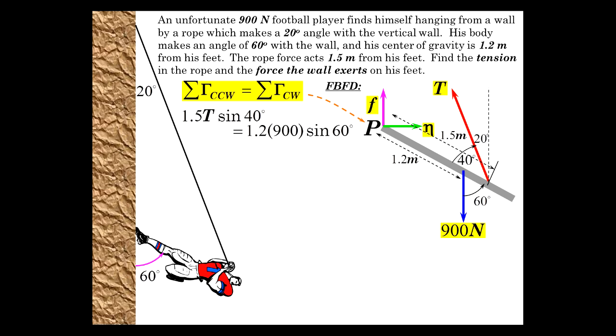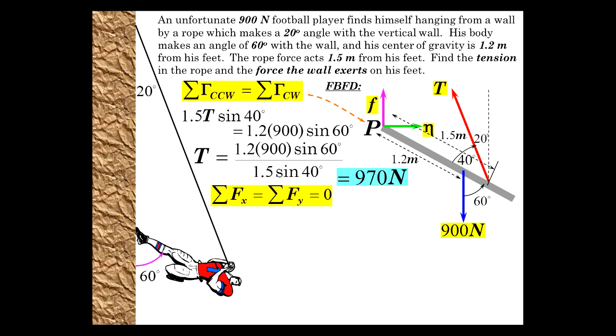And let's see, is there anything else? Well, yes, we need to consider, well, what else do we need to consider? Anything? No, that's it. So the tension is easily solved. We just plug the numbers in from above and we get 970 newtons. There's our tension.